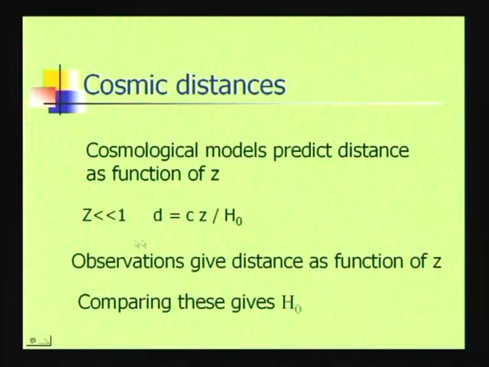So, you can compare these two and you can get the value of the Hubble parameter. You can test Hubble's law, you can test whether the universe is indeed expanding or not, and you can also determine the value of the Hubble parameter. Okay.